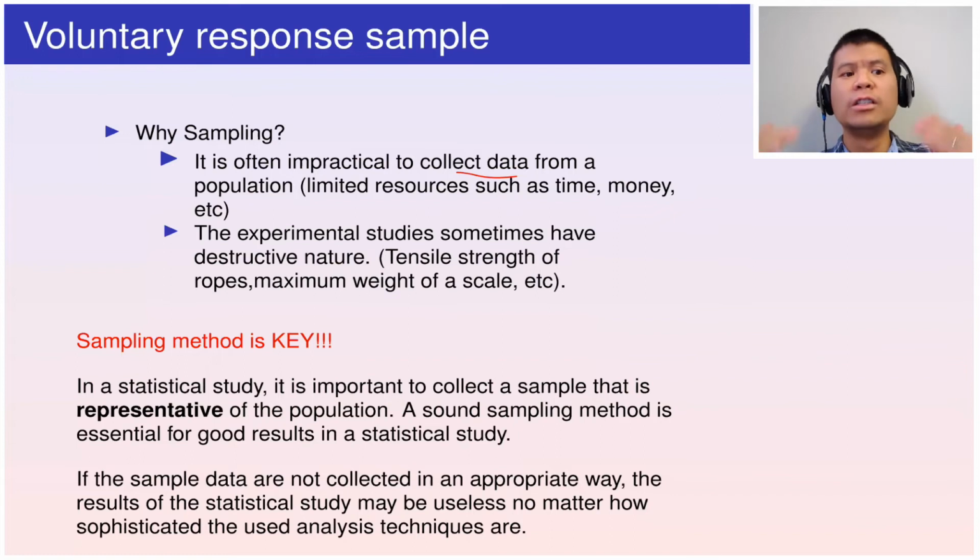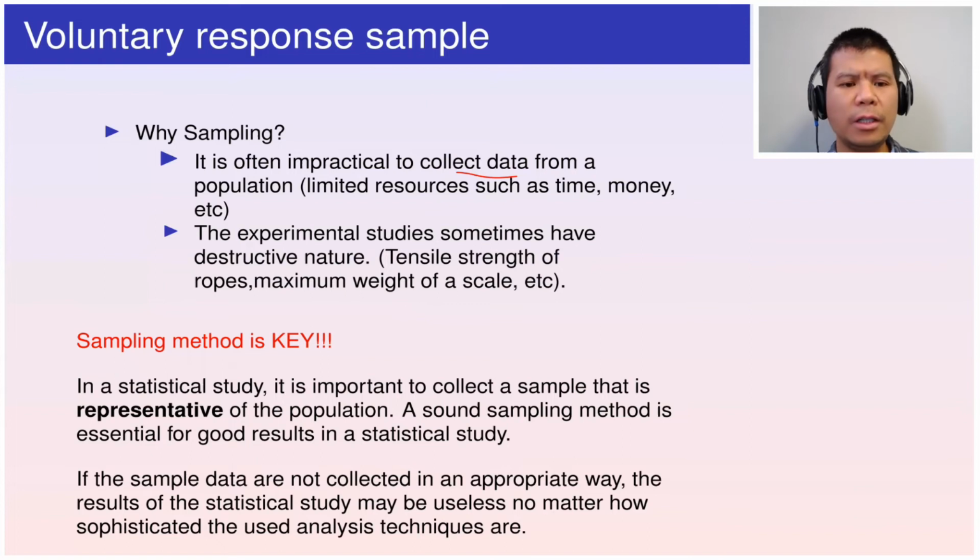So often there is a huge number of objects involved in the population. We also have limited resources, such as time and money. We cannot get data from all the objects in the population. So that's one of the main reasons why we have to do sampling.